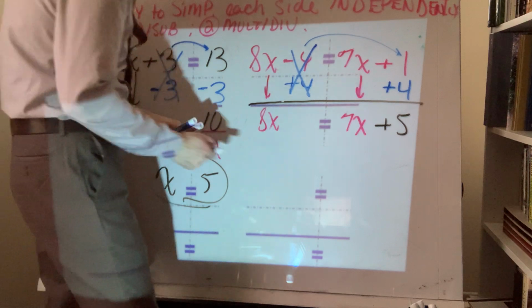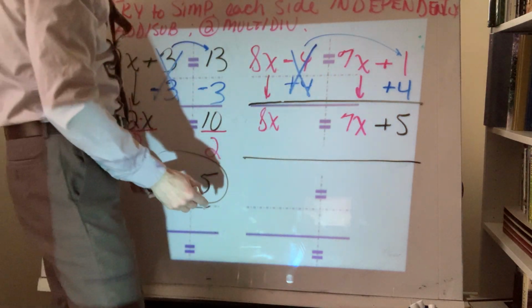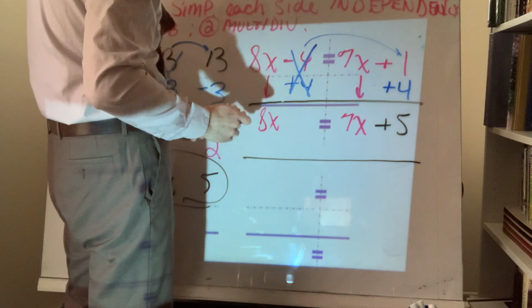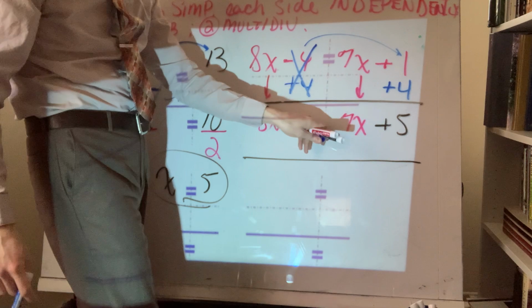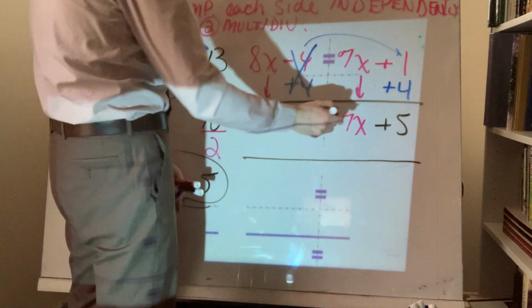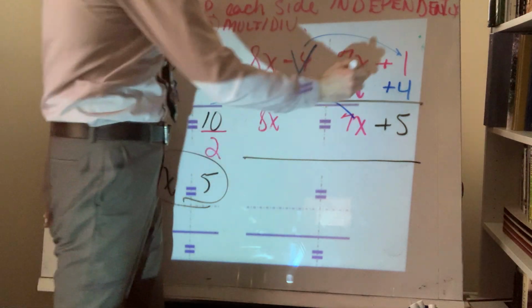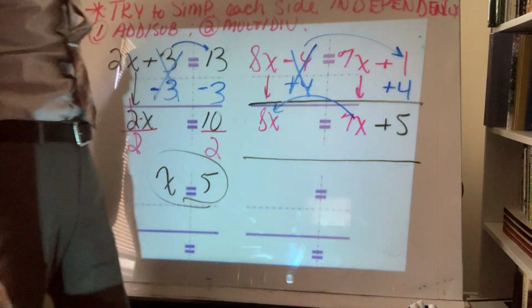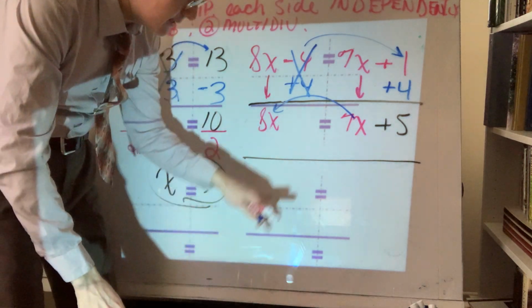So I'm just going to build another little table here and do that. And I'm going to attempt to move not just the number, but the whole term. That is the whole kit and caboodle, the 7 and the x, simultaneously over to here where its buddy is. Right, like terms. In order to accomplish that, it's not going to be any more complicated than adding or subtracting.